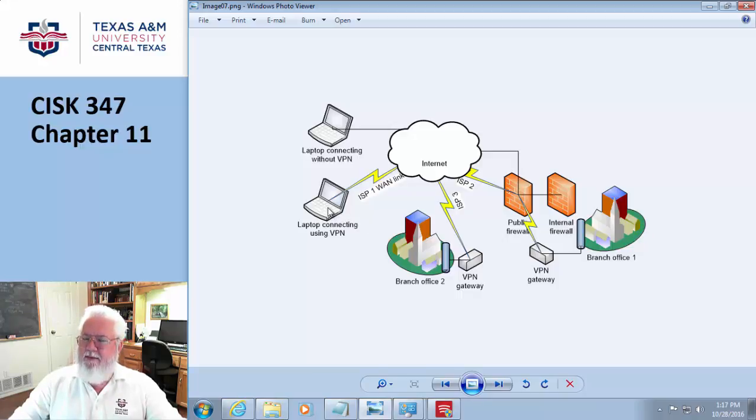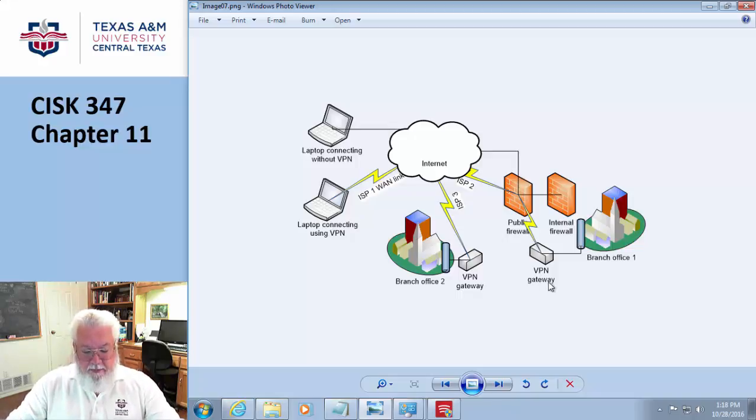But if I've got a single user sitting at home who wants to VPN into their workplace, we don't typically send them home with a box that they plug in. So that part's done in software. So you have the choice between making a connection using a software VPN, or if you have a dedicated link, it just makes sense to go ahead and use a hardware VPN gateway.